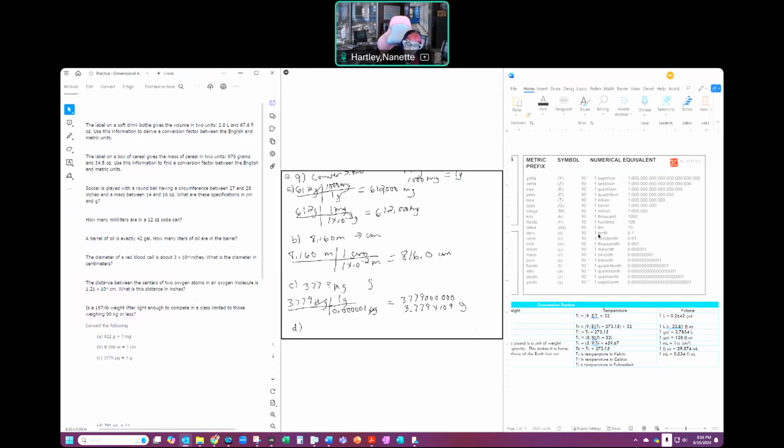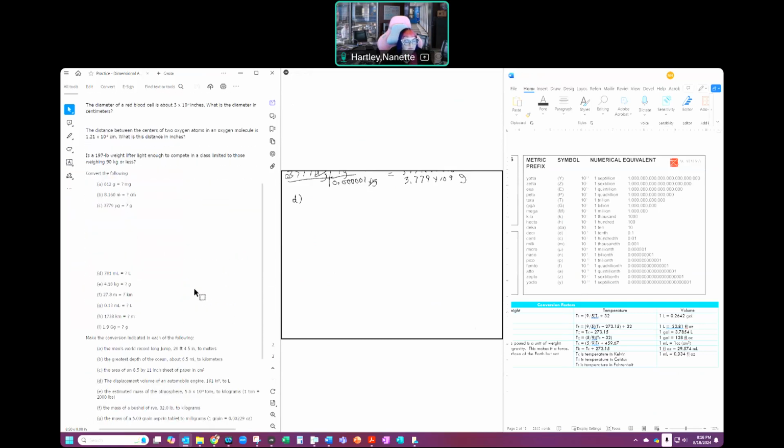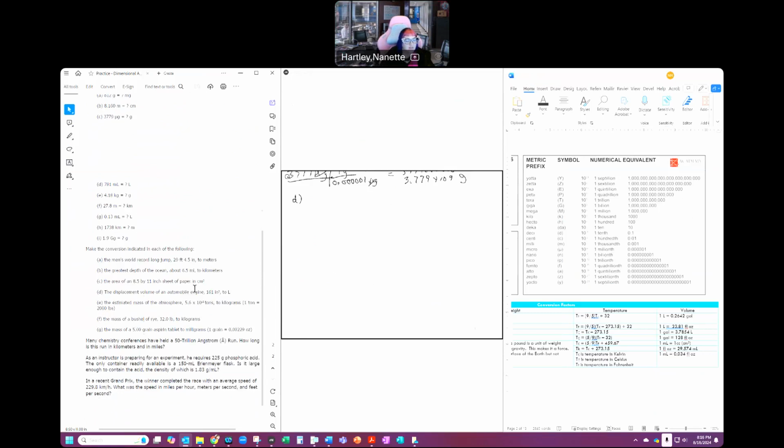I'm assuming there's a D, and if there's not, then I'll erase it. D says 781 milliliters to liters. 781 milliliters. I want to convert that to liters. If I look at my milli, all right, it says milli is 10 to the minus 3. That means that 1 times 10 to the minus 3 liters equals 1 milliliter.